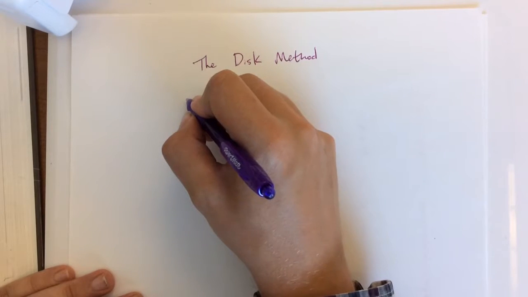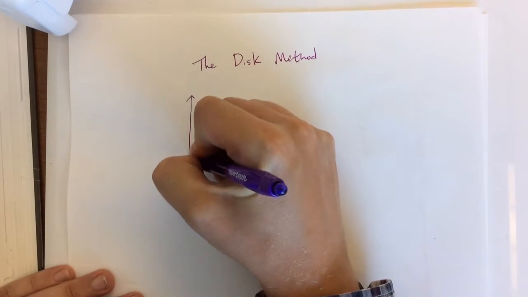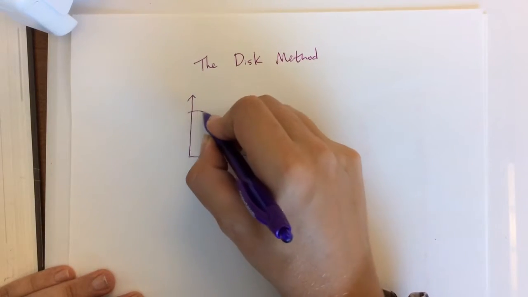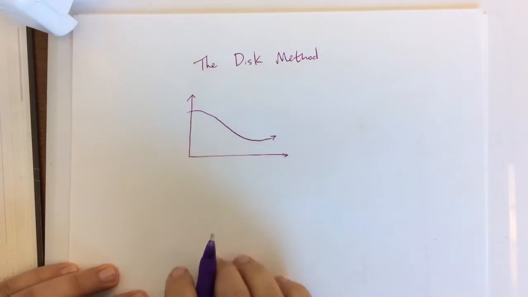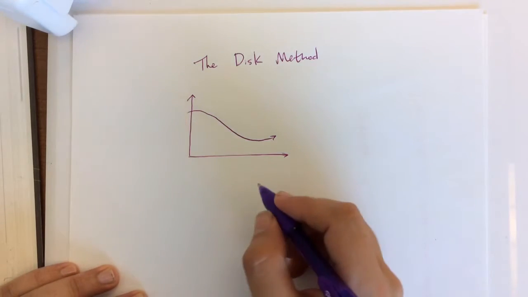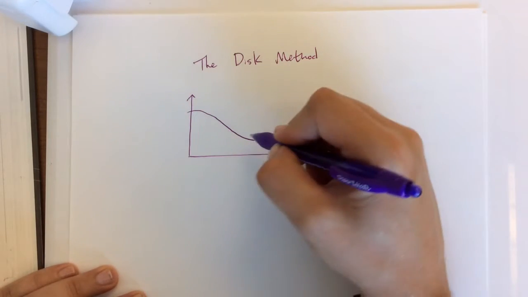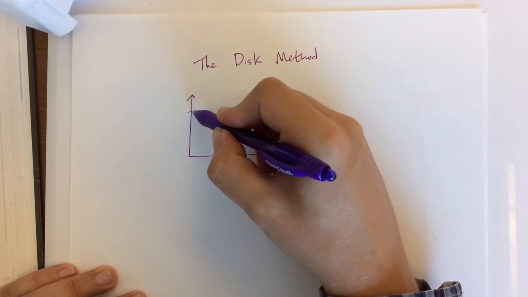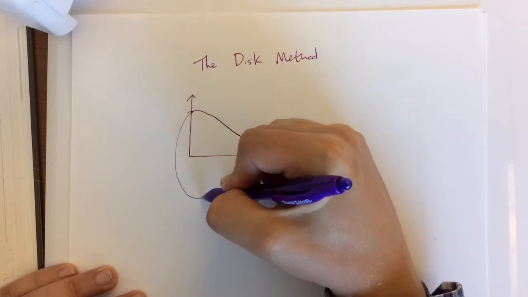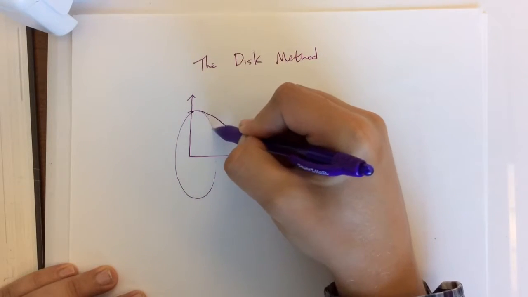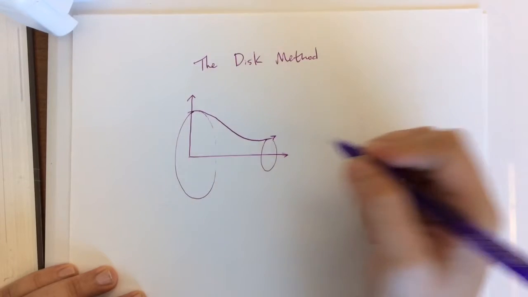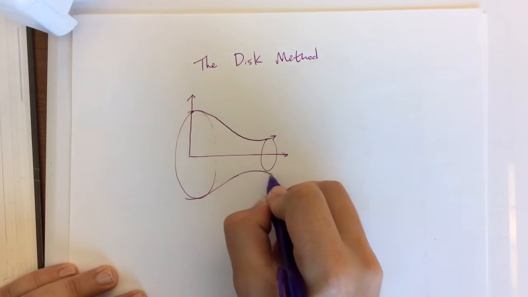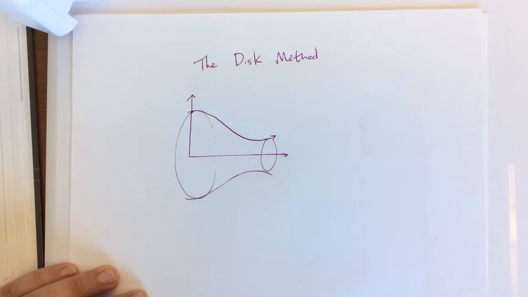Suppose we have a function of x, maybe that looks like that, and we want to find the volume that we get when we revolve that function around, in this case, the x-axis. The shape that we get would look something like that.